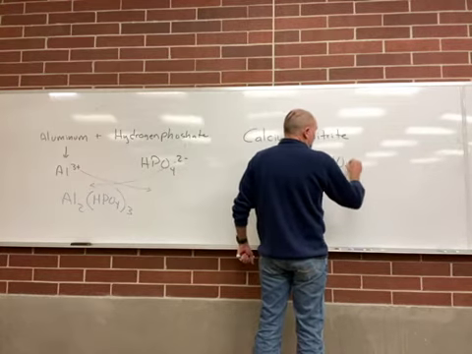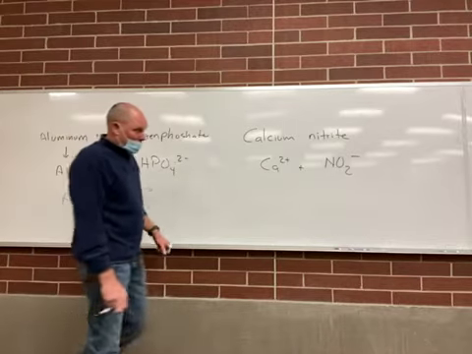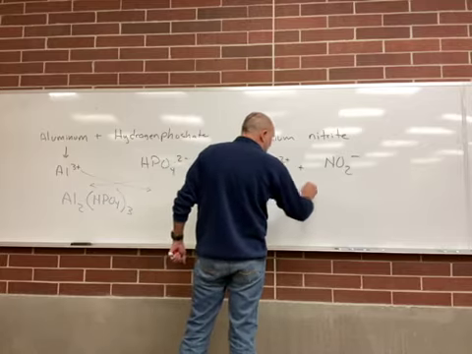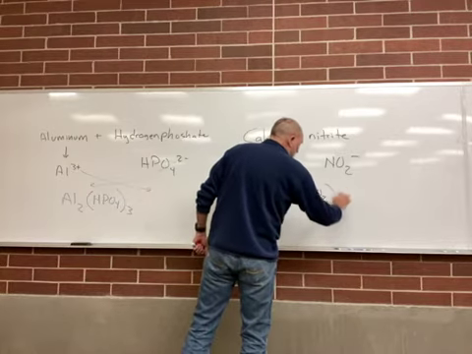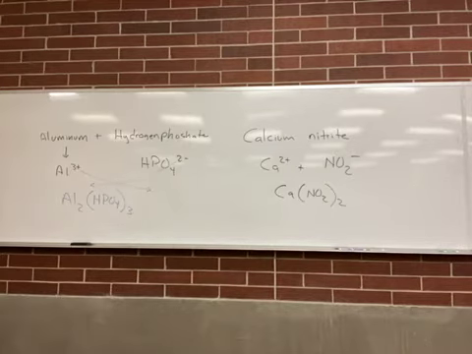So calcium nitrite, cross multiplied, is going to be Ca(NO2)2. All right? Good. The quicker we put those polyatomic anions to memory, the better off we're going to be.